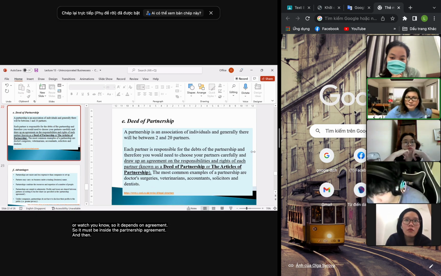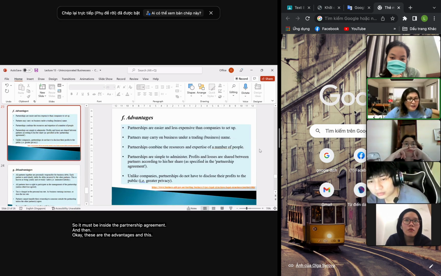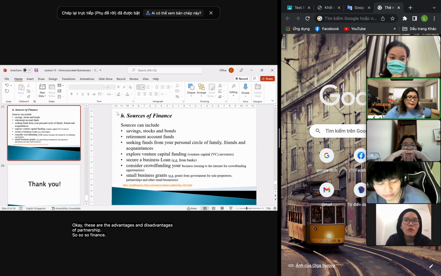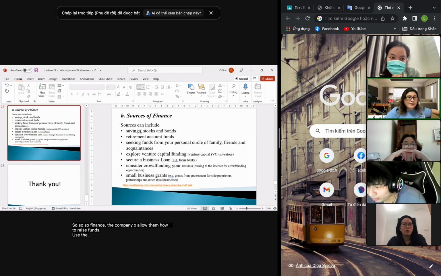And then, okay, these are the advantages and disadvantages of partnership. Sources of finance: the Companies Act allows them to raise funds, use their own savings.